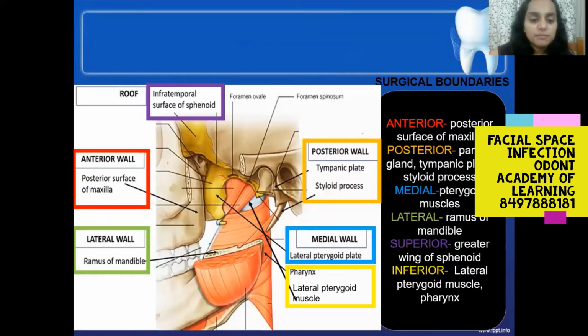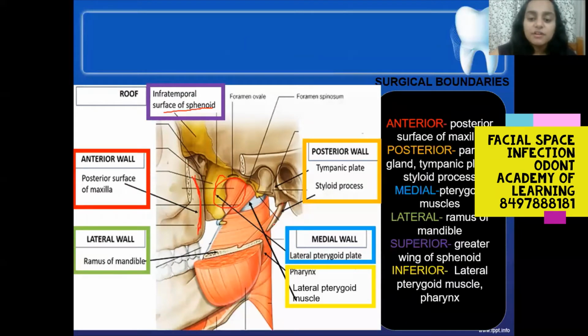Coming to the surgical boundaries of this particular infratemporal space, superiorly we have the greater wing of the sphenoid here. Inferiorly, we have the lateral pterygoid muscle. Anteriorly, it is bound by the posterior surface of the maxilla.